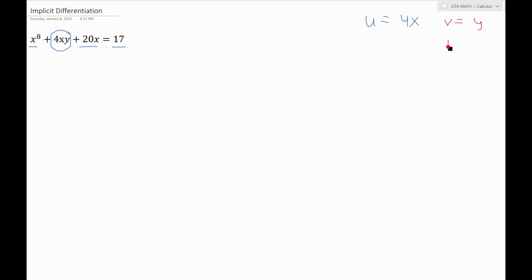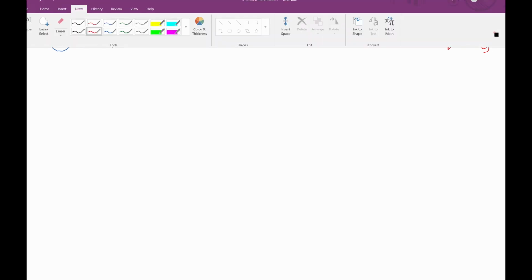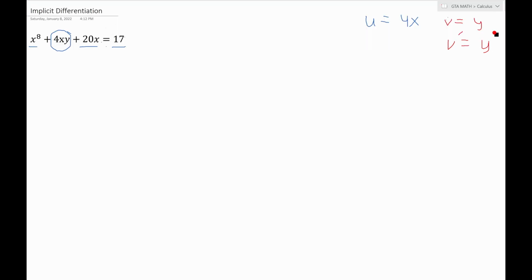So the derivative of y, we're just going to put as y prime. And if we take the derivative of 4x, we're just left with 4. Whenever you do the product rule, it's u v prime plus v u prime.